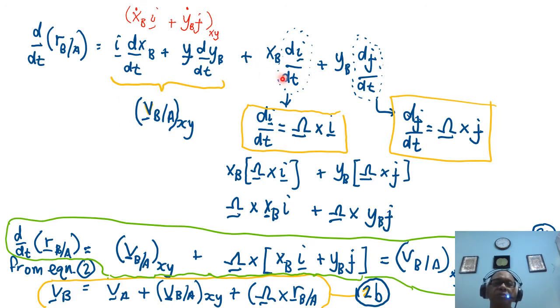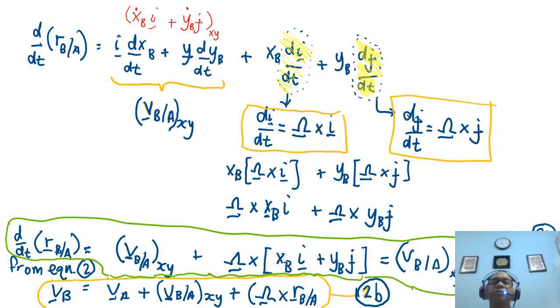We have two more terms which we have not evaluated: the first term with di over dt, and the second term with dj over dt. Now this is a big jump: di over dt equals omega cross i, and dj over dt equals omega cross j.